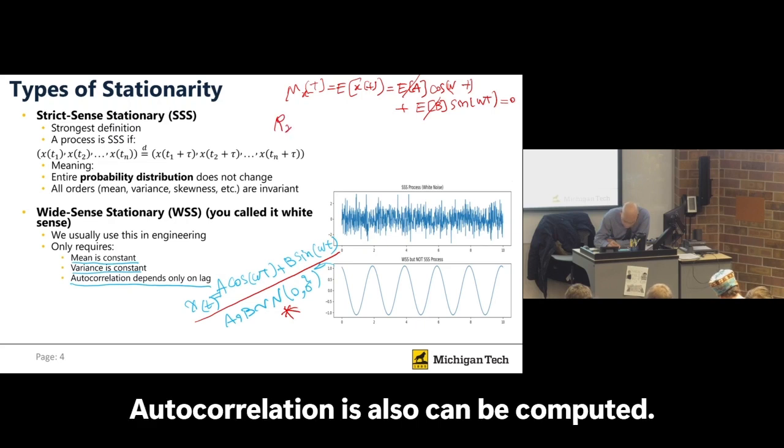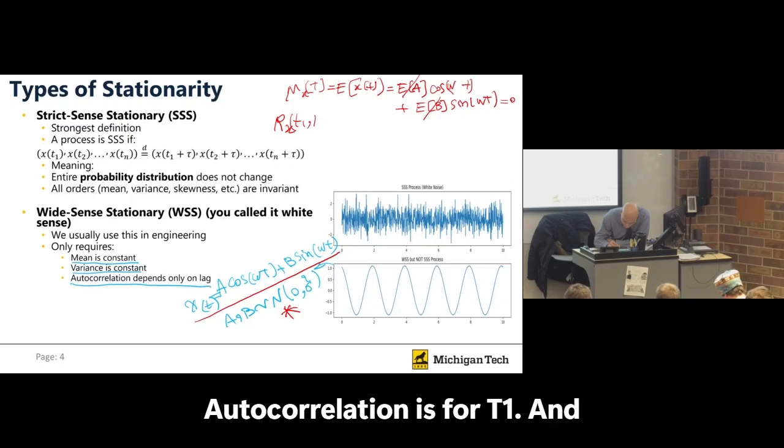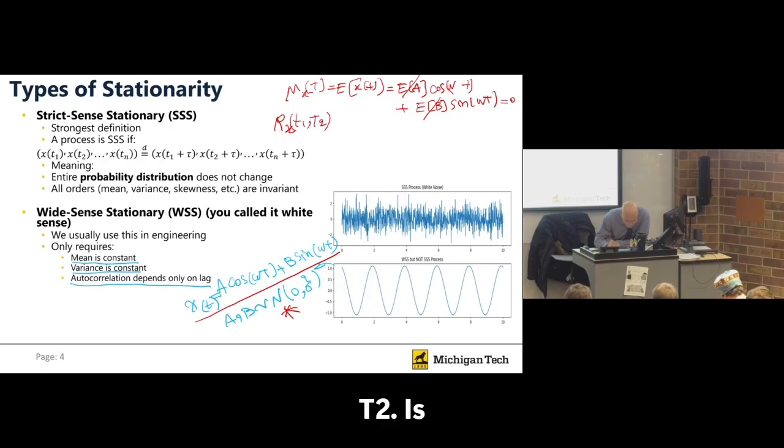Autocorrelation can also be computed. Autocorrelation for T1 and T2 is equal to the expected value of x(t1) x(t2), okay?